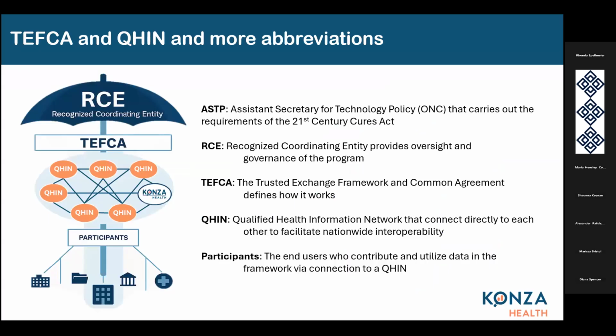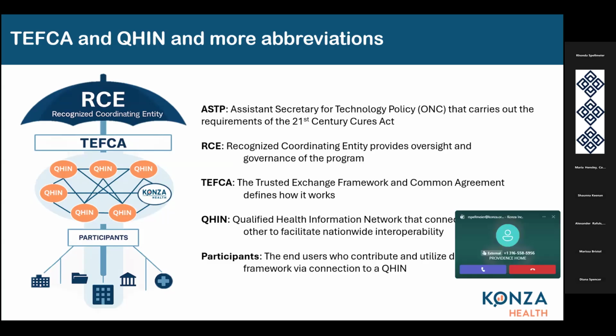So something that is kind of new in this space, I feel like everything's always kind of new, but for anybody who's a policy nerd like I am, you may be aware of the 21st Century Cures Act, which was legislation that came through a few years ago that really helped to establish a national network of networks.